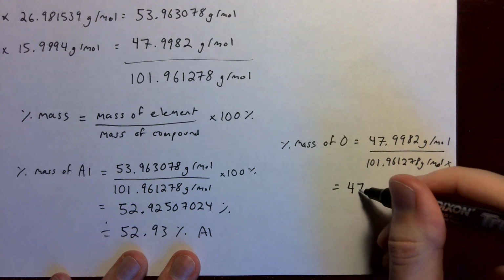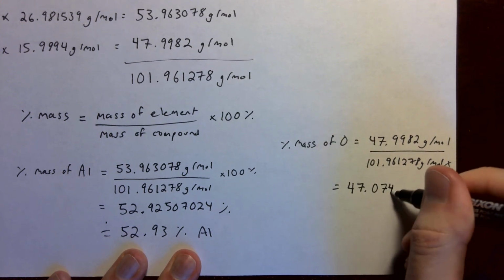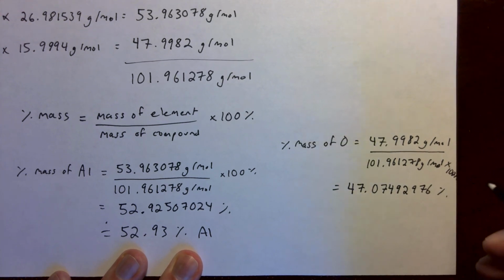So since we remember to multiply by 100, that's going to give us 47.07492976%.